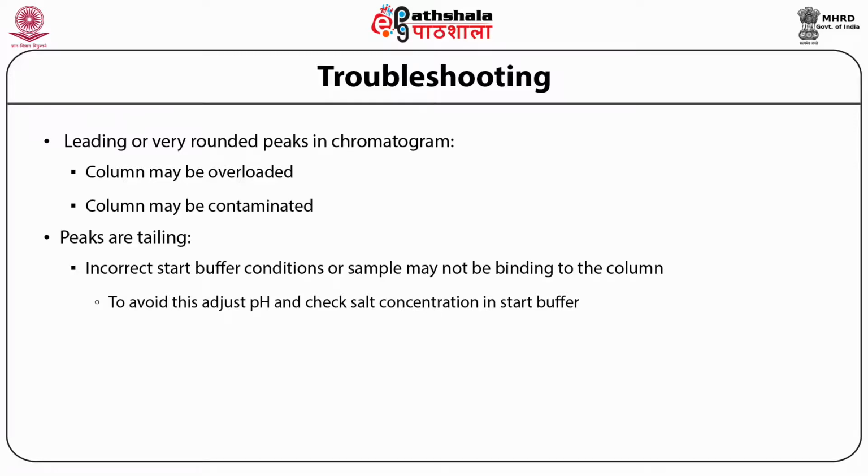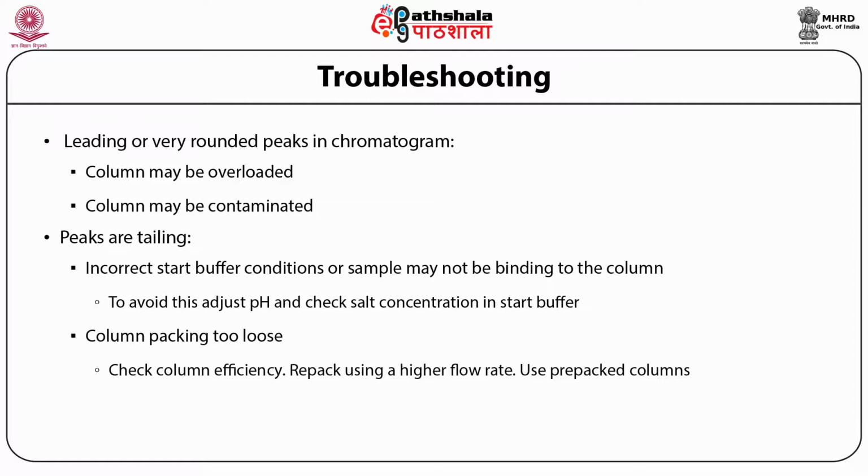Another reason could be that the column packing is too loose. For this, one should check the column efficiency and repack using a higher flow rate. It is always advisable to go for pre-packed columns. Another reason could be that the sample is too viscous. Again, as I have told you earlier, dilute the sample before it is loaded into the system.